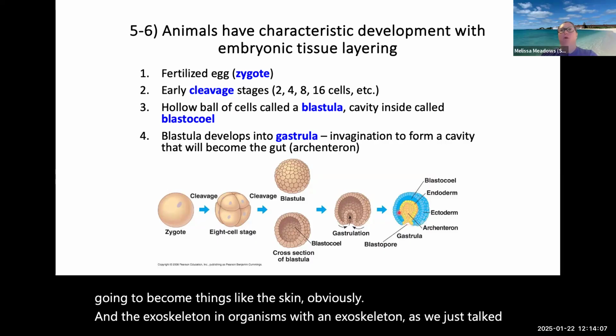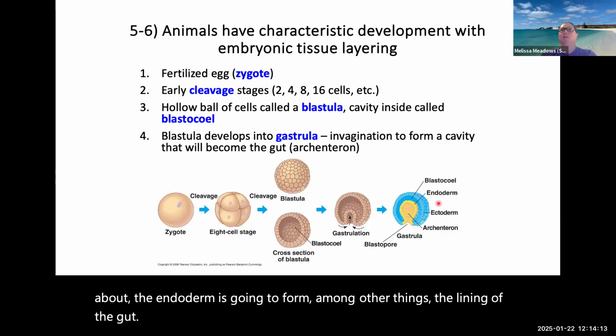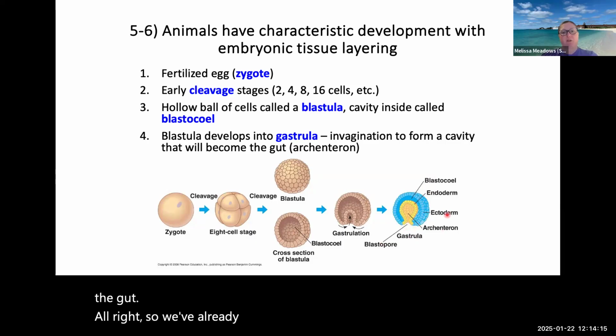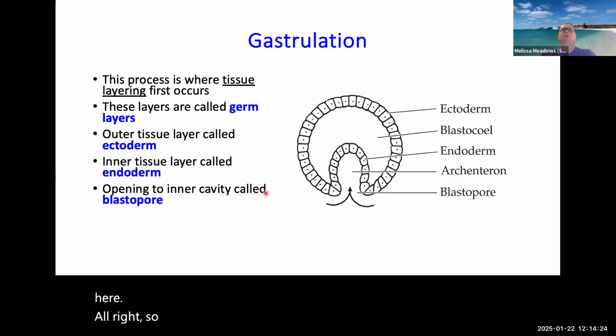The endoderm is going to form, among other things, the lining of the gut. All right, so we've already got quite a lot of cellular organization going on here. All right, so this is just another kind of close-up view to talk about those tissue layers.